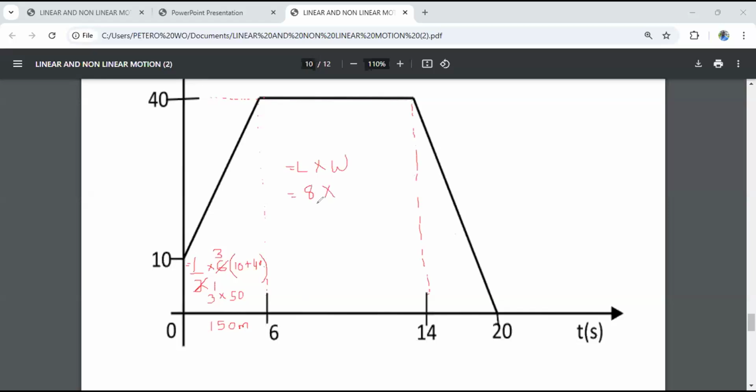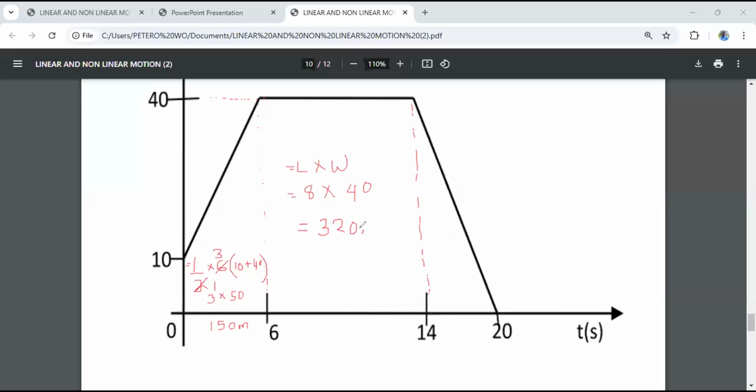And you see that the width of that rectangle is 40. So you are going to be having 8 times 40, which will give you 320.